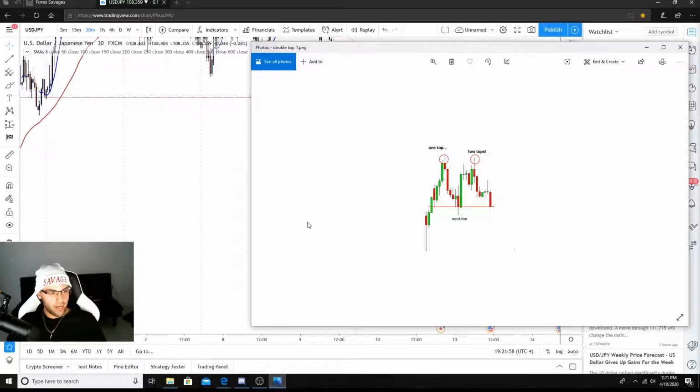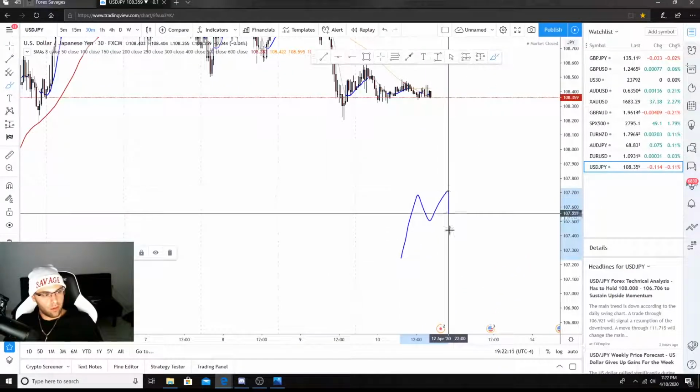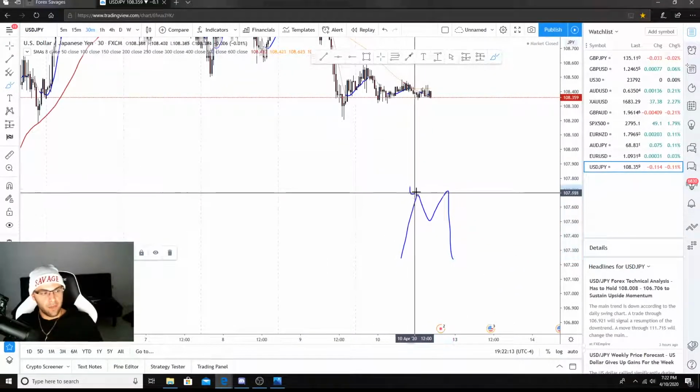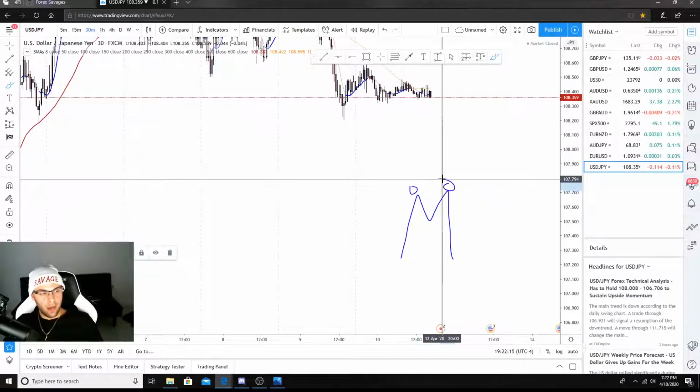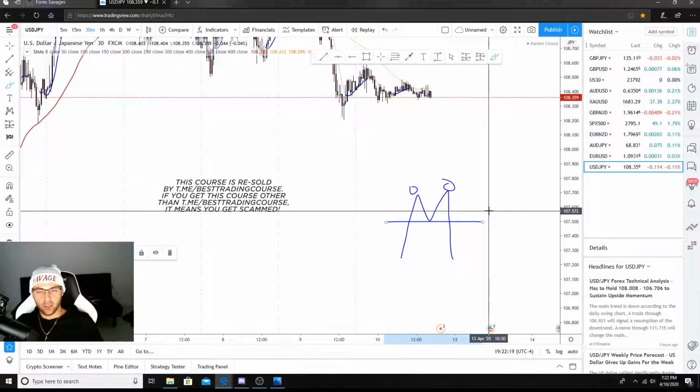Alrighty, guys. Welcome to the patterns section. The double top right here, as you can see, looks like an M. One thing about this type of pattern is it shows a very strong chance of reversal.